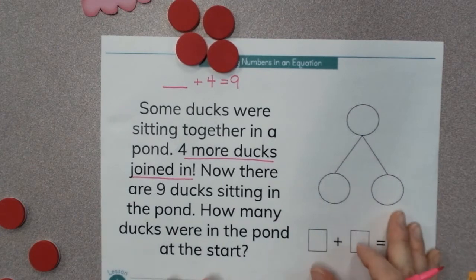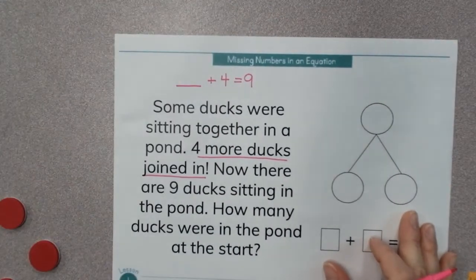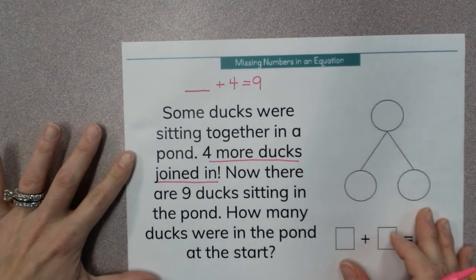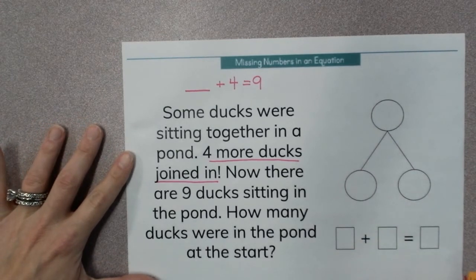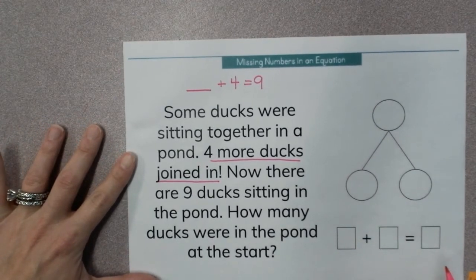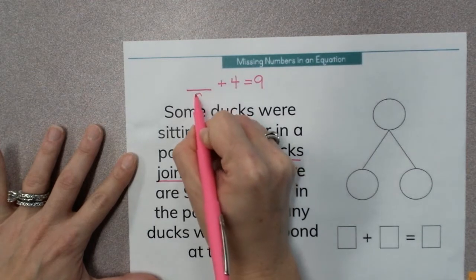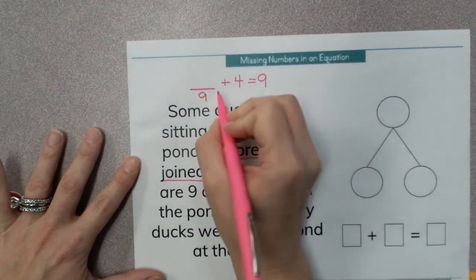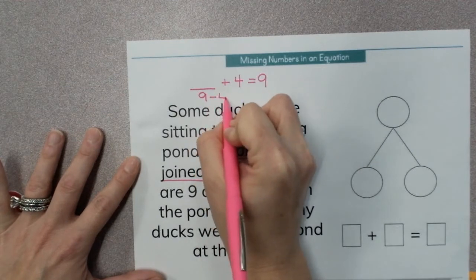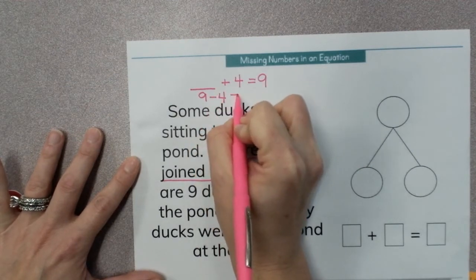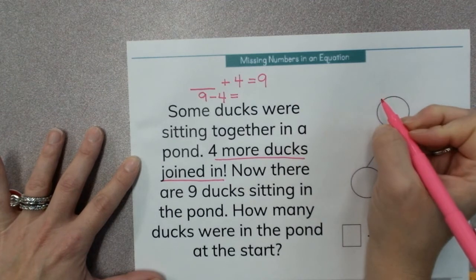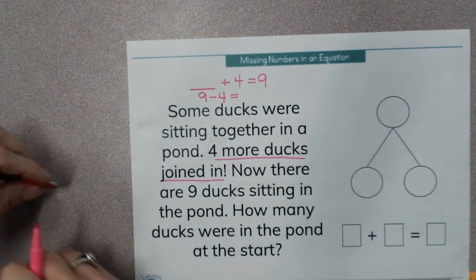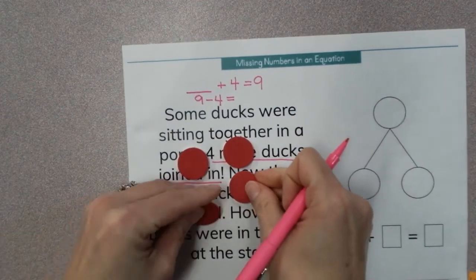Well, we can use our subtraction, okay? So we can use our subtraction to help us. So we have 9 ducks in the pond. I can take away 4, and it will leave me with how many ducks? Well, here's 9.